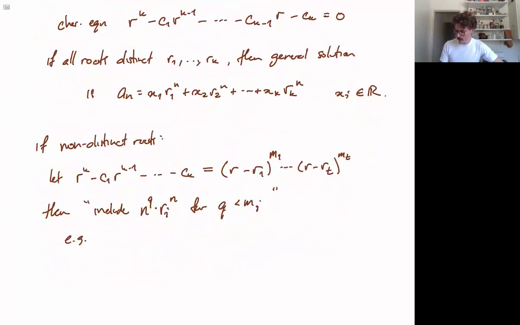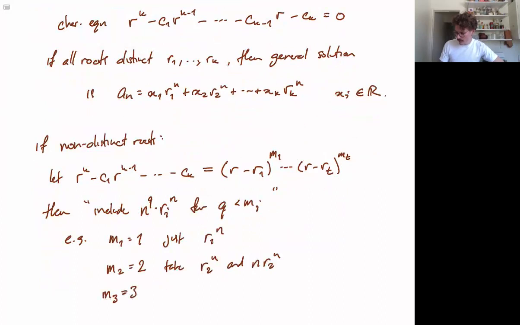So if the multiplicity is 1, you just take r to the n, so you get one fundamental solution corresponding to that. If m equals 2, you get r to the n and n r to the n.